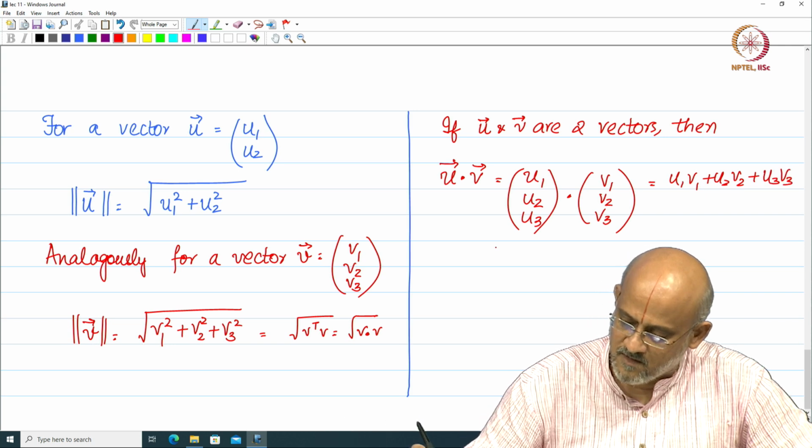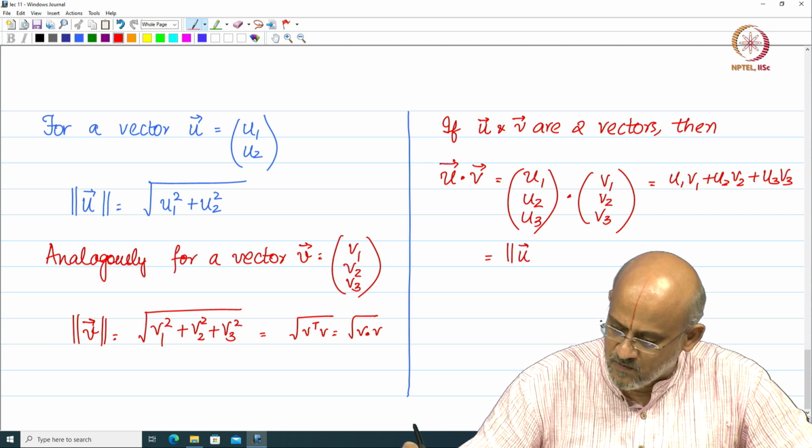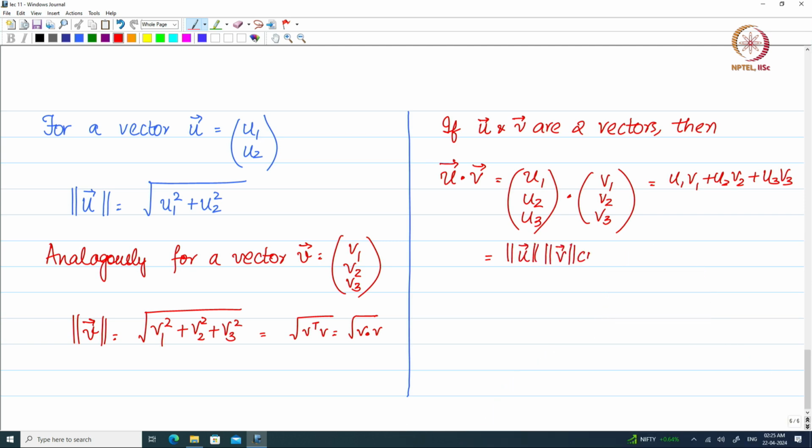We also said u dot v is the magnitude of u multiplied by the magnitude of v and cos theta. This is what we had.